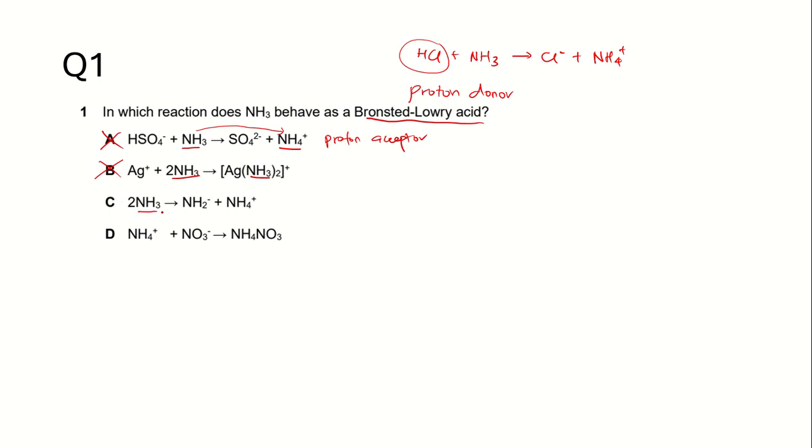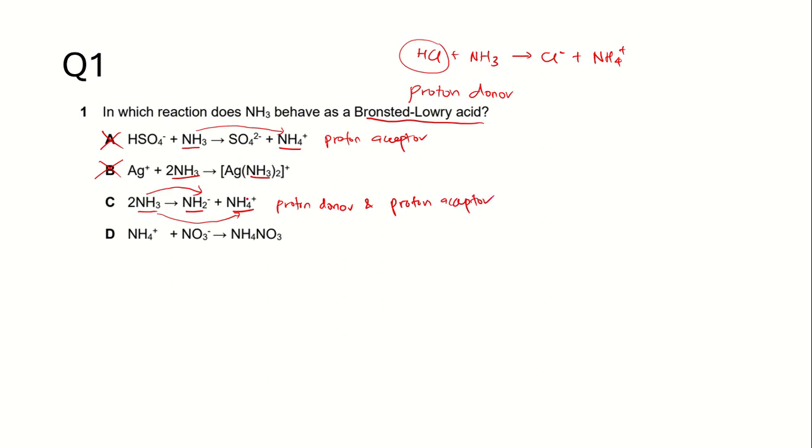C, okay, ammonia here. Then we have products of ammonia because two ammonia molecules were used. So one ammonia became NH2 negative, the other one became ammonium. So ammonia is a proton donor and proton acceptor in this reaction.